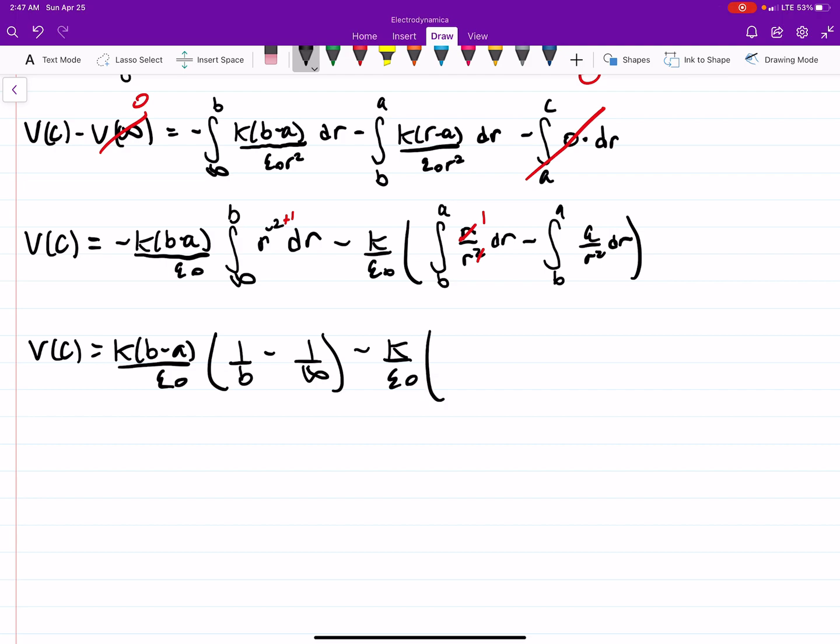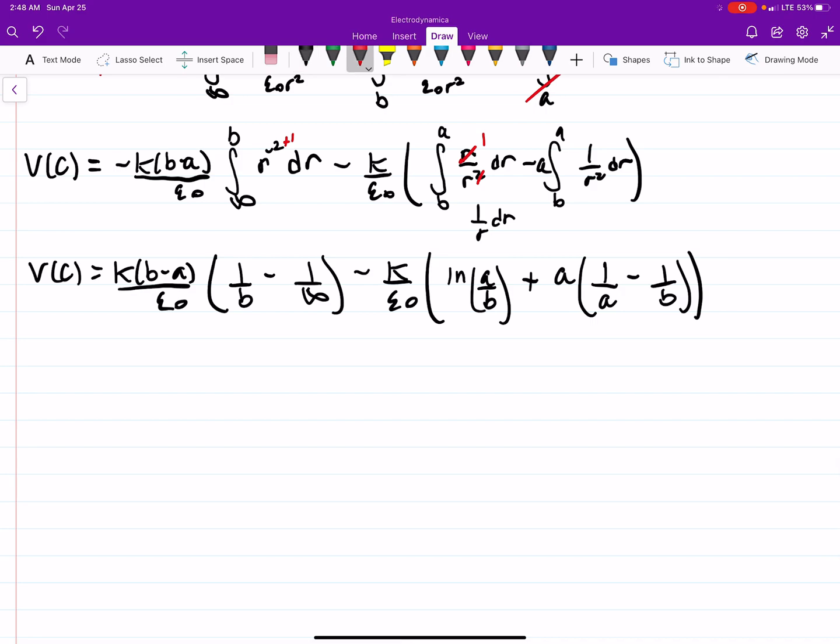This is 1 over r dr, which is going to be the natural log of a over b, minus a, so we could factor this a out, and this is the exact same integral as the first one, so that's going to make this a positive, and it'll be 1 over a minus 1 over b.